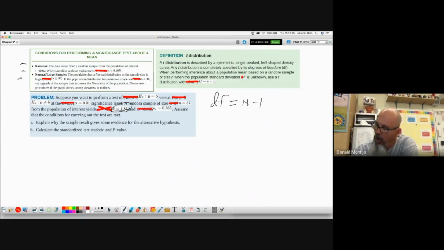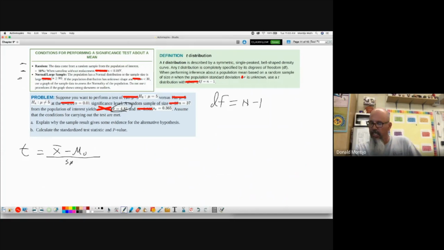Okay, so our t-test statistic, t equals the sample mean minus the hypothesized mean over, well, how do we find the standard deviation of x bar? Or how do we find that standard deviation?